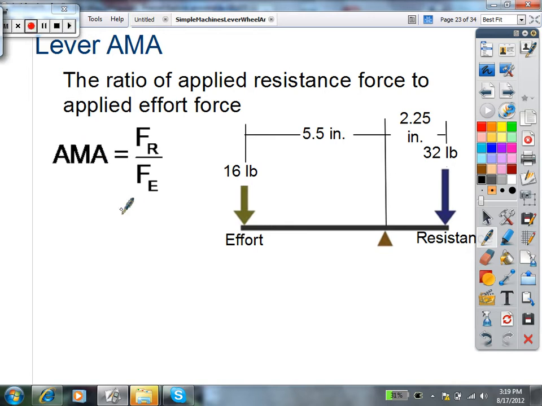So looking at the actual mechanical advantage, we're going to say that that's equal to 32, which is the resistance force, divided by 16, which is the effort force. Okay, so the actual mechanical advantage then is going to be 2.